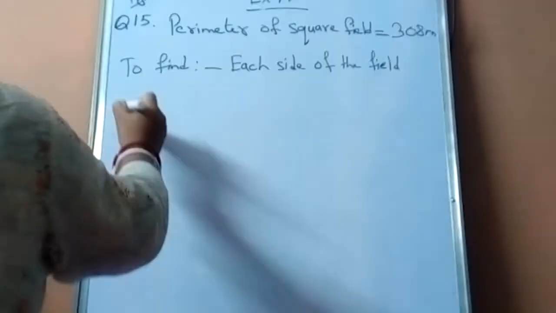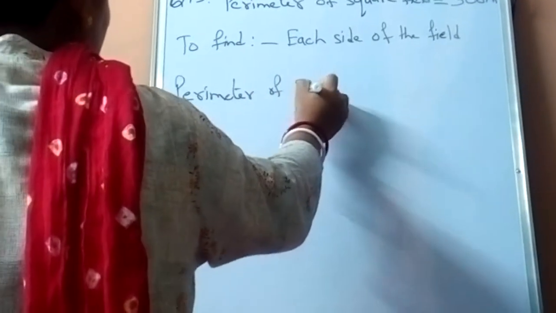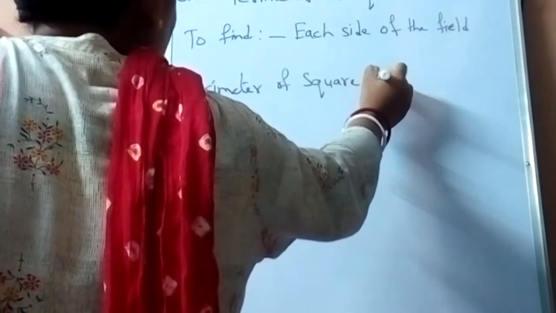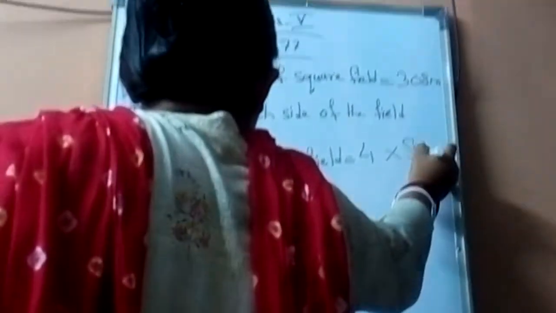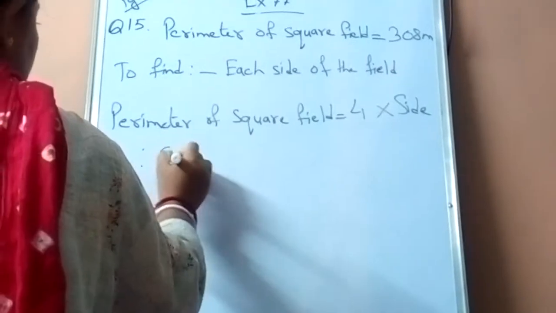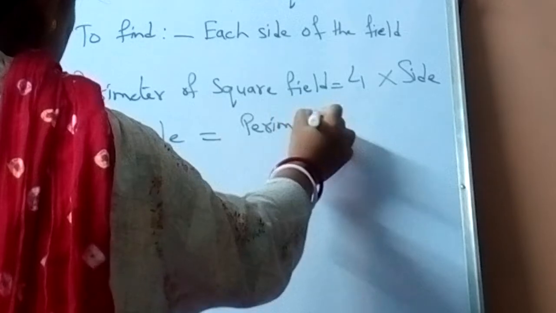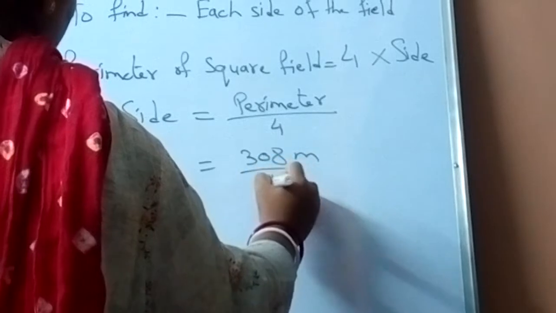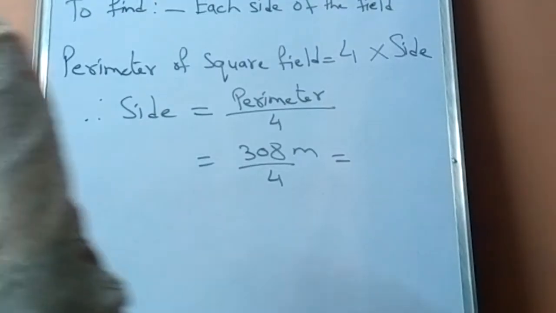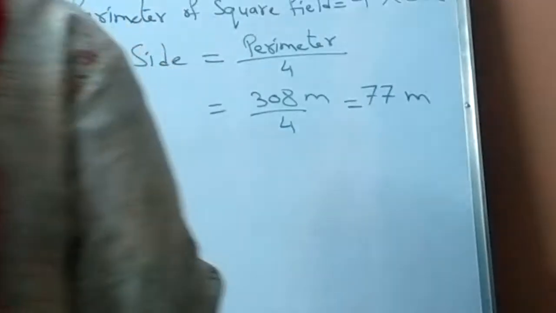Okay, so we will write perimeter of square field is equal to 4 into side. So therefore side is equal to perimeter by 4. That means 308 meter by 4. When you divide this, it will be 77 meter.